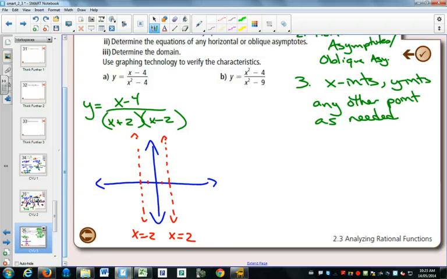Step 2, we're going to look at, so now what's the highest power? The highest power is an x squared. We have 1 x squared on the top, so what does that mean? Y equals 0 is another asymptote. Well, this is going to be another interesting one that crosses the asymptote.